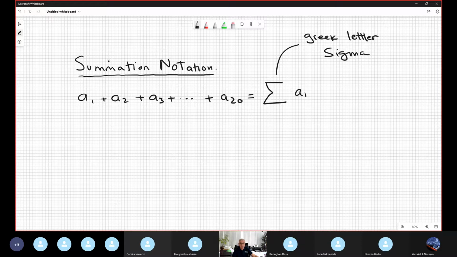And you declare one index variable, suppose n. The most common index variables are n, k, i, or j. It doesn't matter what you use. And you declare the first one as n equal 1, and the last as n equal 20.